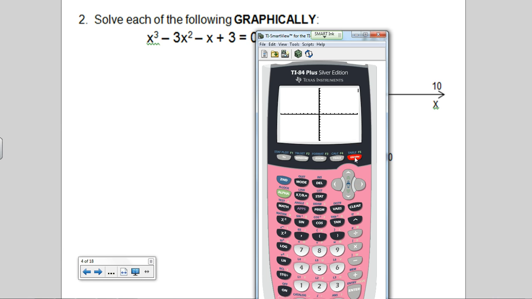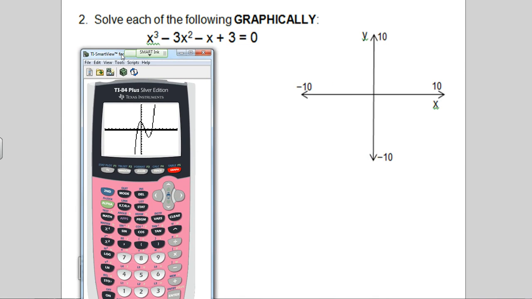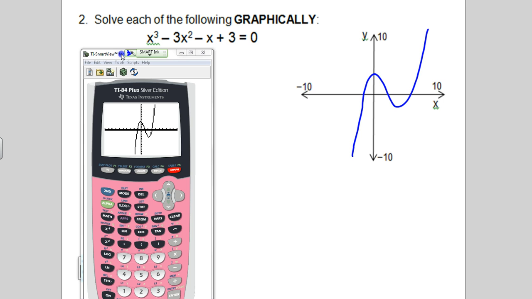We look at the graph, and you see this funky graph. All right, so this graph is shooting like this. All right, this is the graph. Y equals x cubed minus 3x squared minus x plus 3.